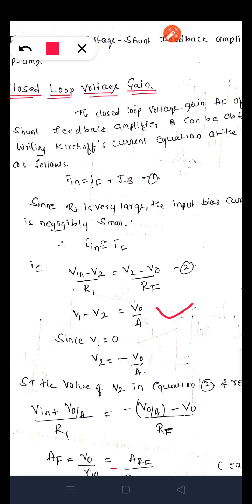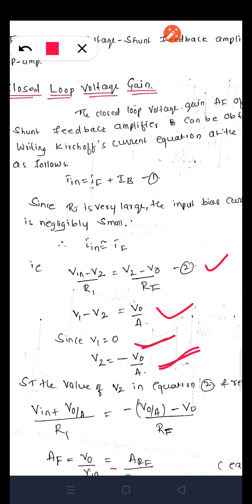Since V1 is virtually grounded, V1 is equal to 0 and V2 is equal to minus V0 by A. Now we substitute these values, V1 equal to 0 and V2 equal to minus V0 by A, in equation number 2.